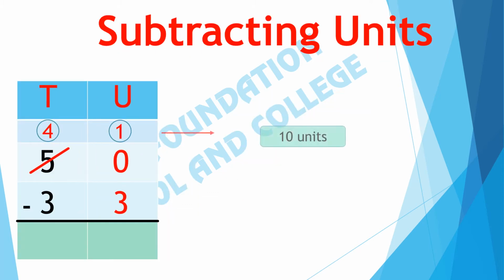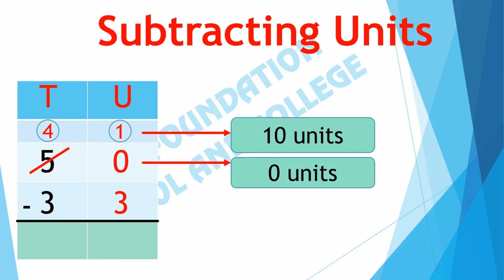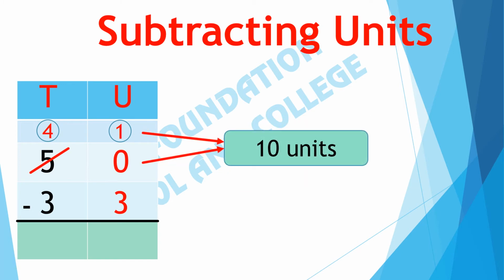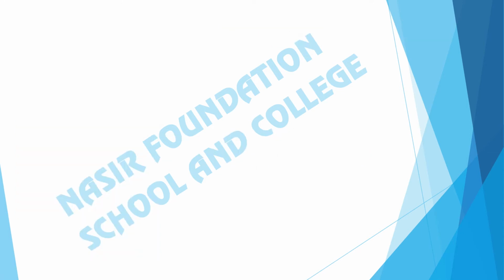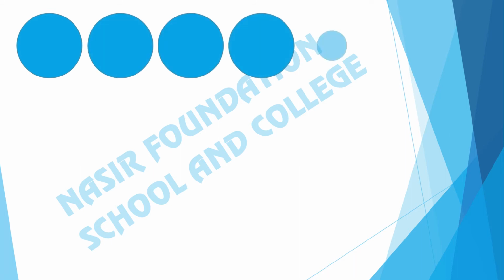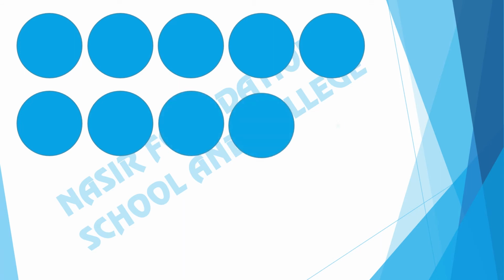Here we can see that 1 ten means 10 units and 0 units that we already have. Now we can see that we have 10 units here. 10 units plus 0 units makes 10 units. Now we can easily subtract 3 out of 10 units. Now count the shapes. 1, 2, 3, 4, 5, 6, 7, 8, 9, 10.